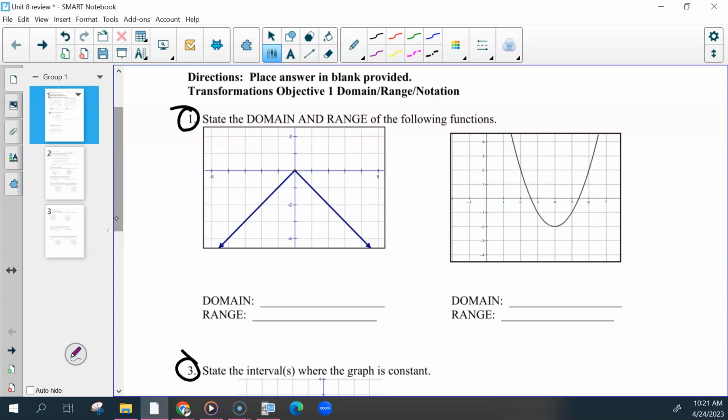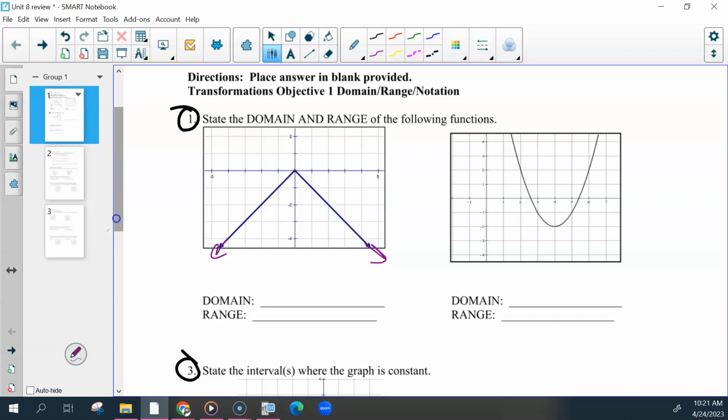So domain is your furthest left to furthest right. This has arrows, so that means it's going to keep going down and left and down and right. So keep that in mind. So we're looking from start to end. Where does this start for your domain? That's not where it would start. Look left to right.